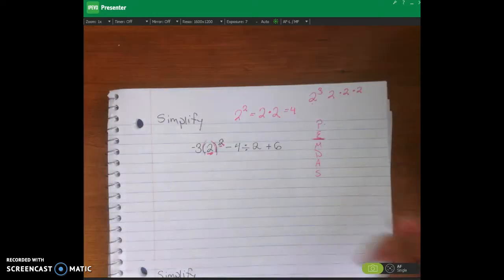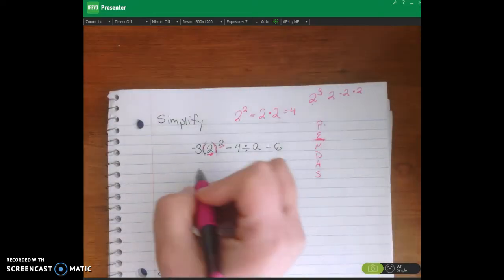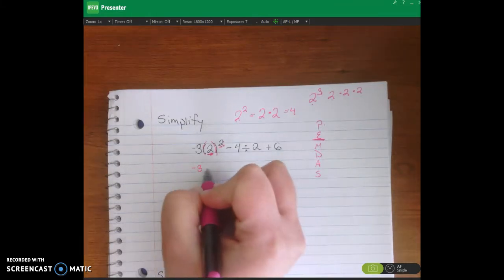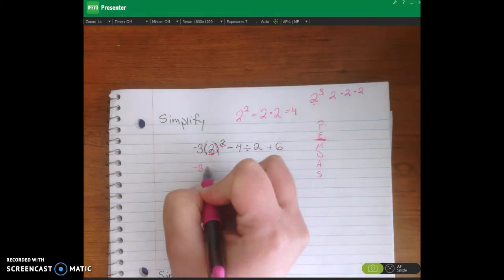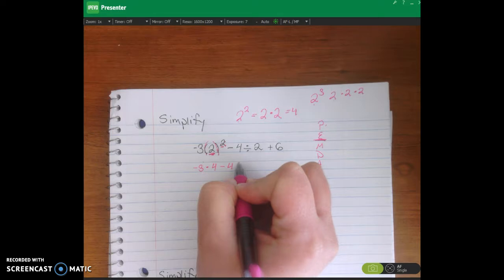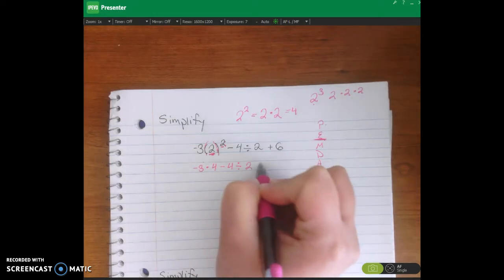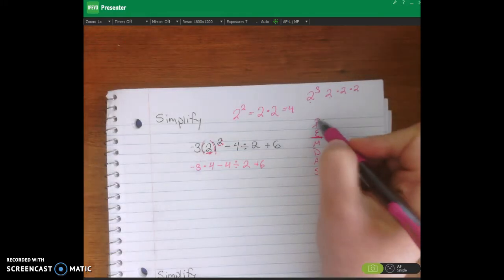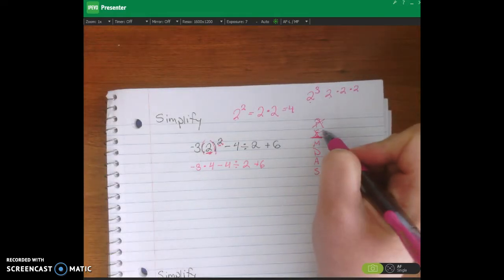So now I'm going to write that in our equation. I'm going to write our next step. So now we have -3 times 4 minus 4 divided by 2 plus 6. So we don't have any more parentheses, we don't have any more exponents.